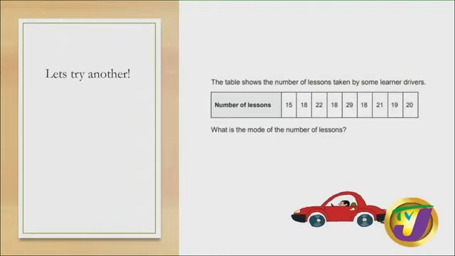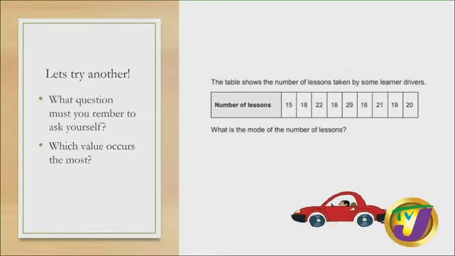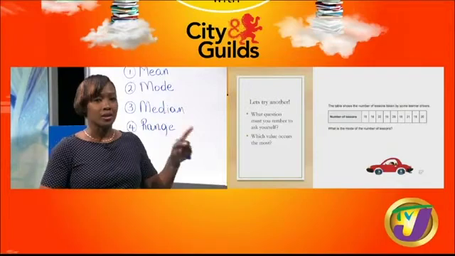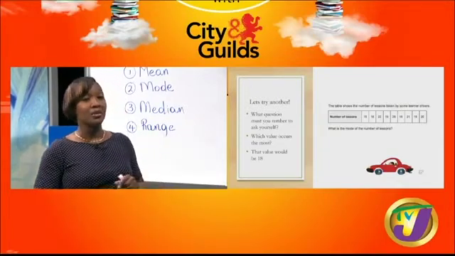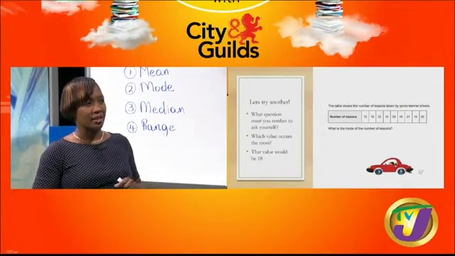And as you can see, we have 15. We have 18. 18 appears how many times? 3 times. I think it's 18. I don't even have to check the rest. So you ask yourself the question, what appears most? Which value occurs most? And then the value would be 18 in this set of data.